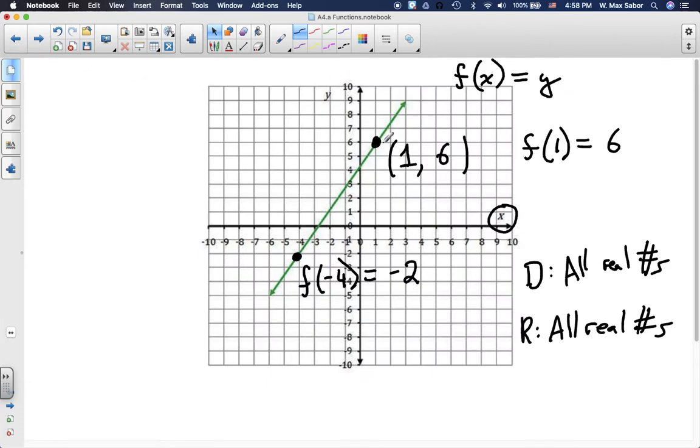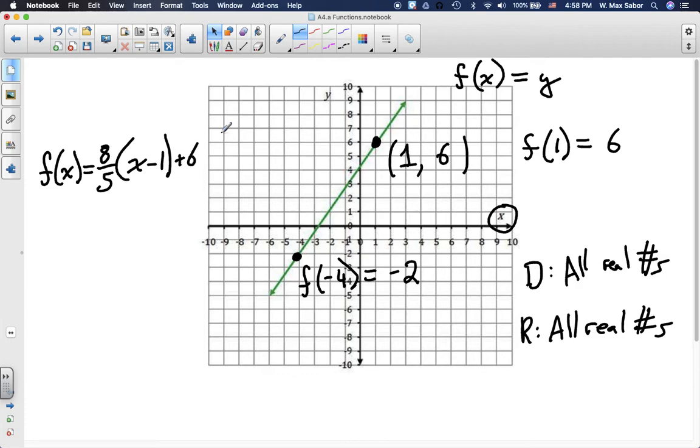This one has a nice predictable rule, and you could write an equation from this. I believe that the equation for this one is f of x equals 8/5 (x minus 1) plus 6.